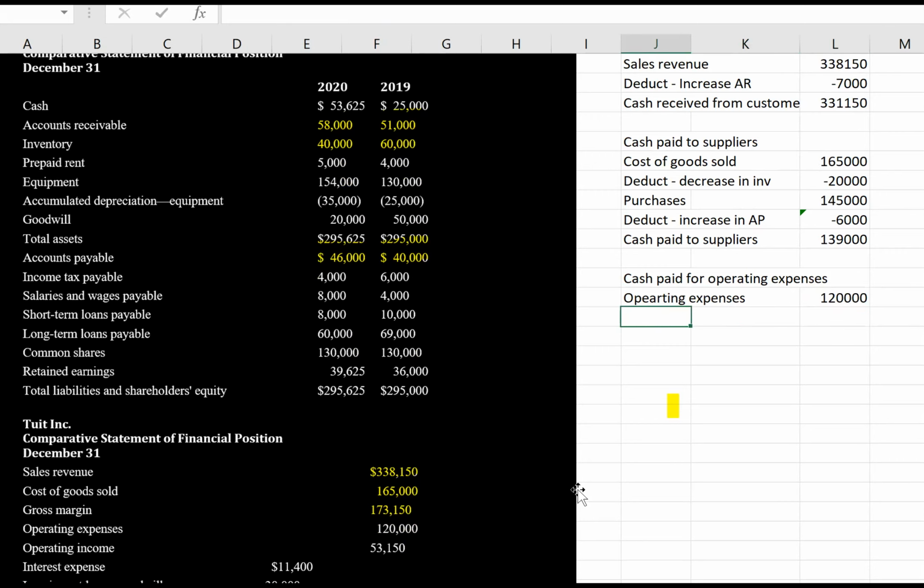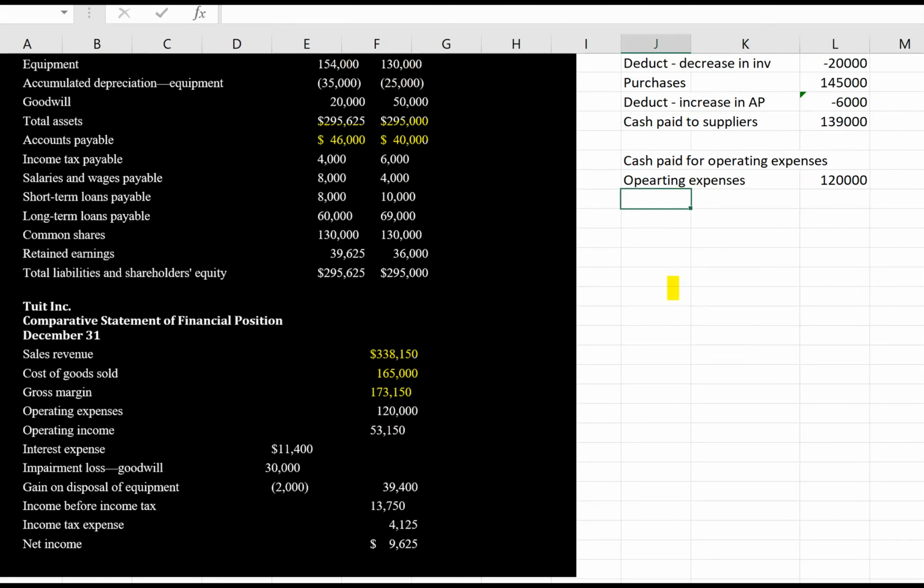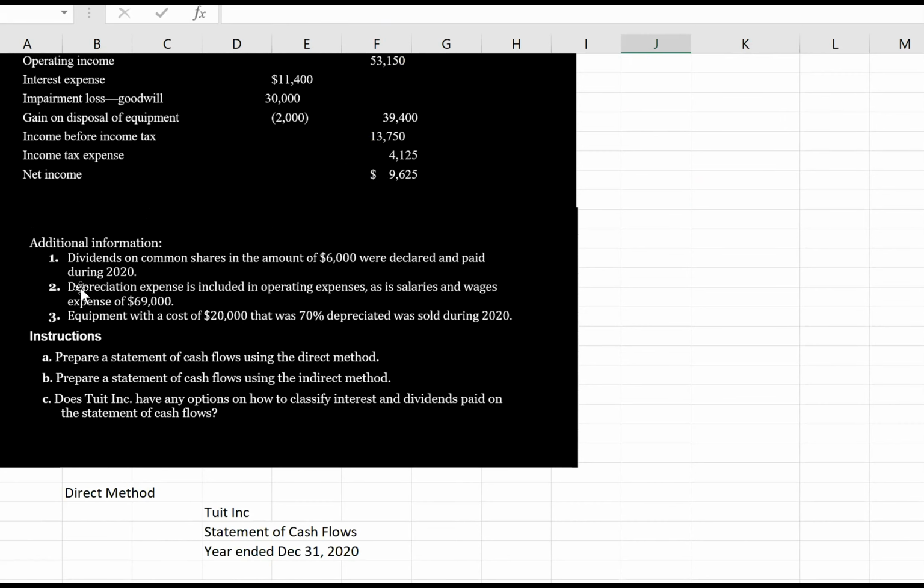Then in the supplemental information that we were given, it says depreciation expense is included in operating expenses, as is salaries and wages expense. So we do not want depreciation expense to be part of our operating expense outflow because depreciation is a non-cash item.